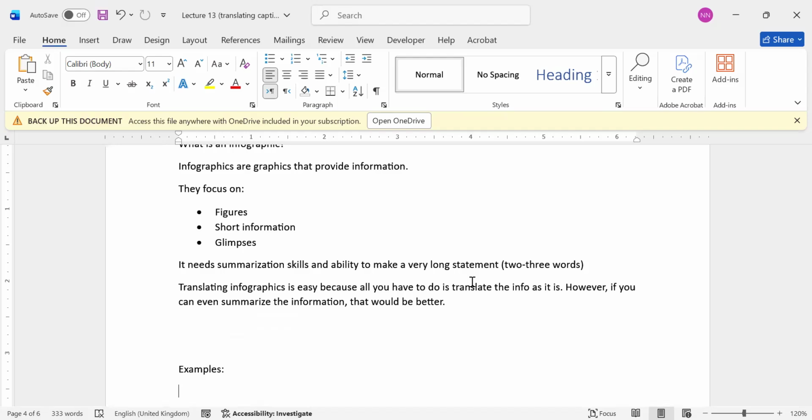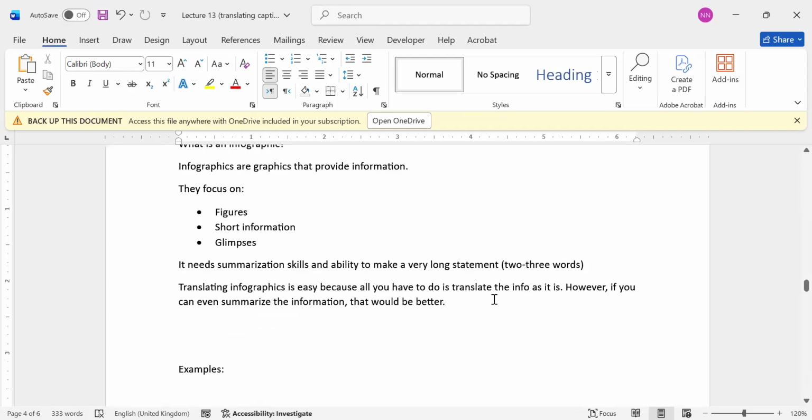And I know that sounds easy, but it's really difficult. People tend to express themselves redundantly using full sentences, and infographs usually need a lot of summarization, you being to the point, using the smallest number of words, but still making sense. Okay?